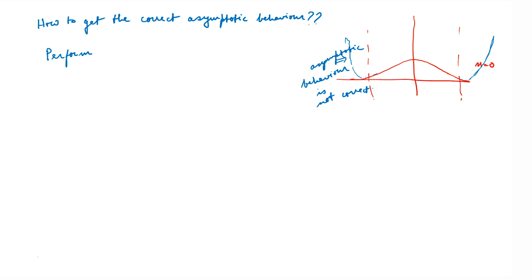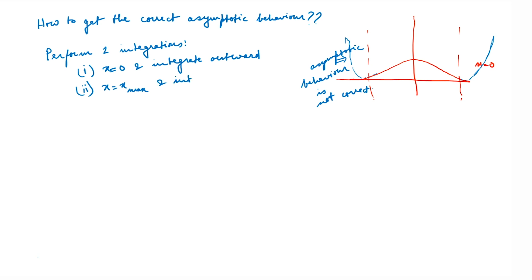Now, we will perform 2 integrations. The first integration will start from x equals 0 and integrate outward, and the second integration will start from x equals x max and integrate inward.